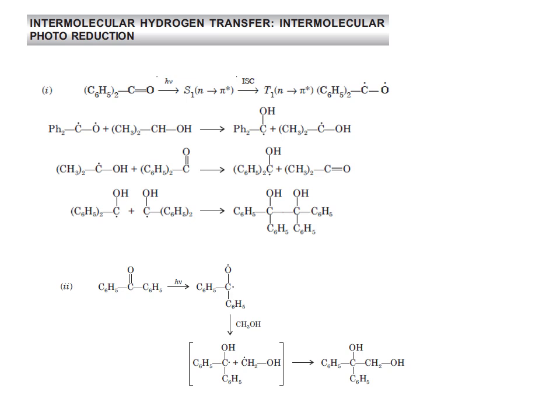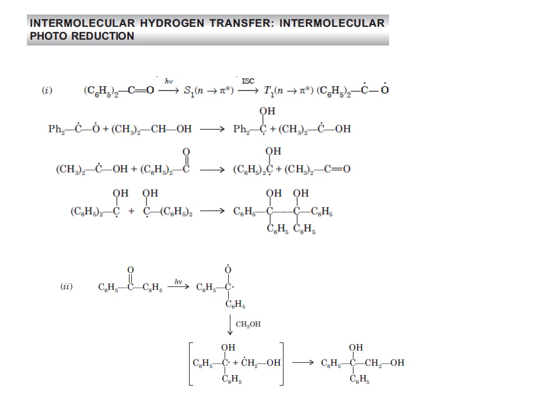Then this reacts with the alcohol molecule, and here we can see what is going to happen: the hydrogen from this carbon atom of the alcohol is going to transfer to this oxygen atom, and it is converted to this carbonyl radical, and this one is the other radical.